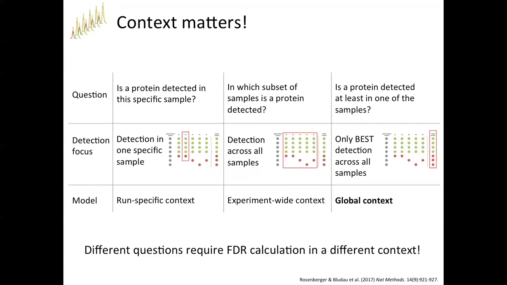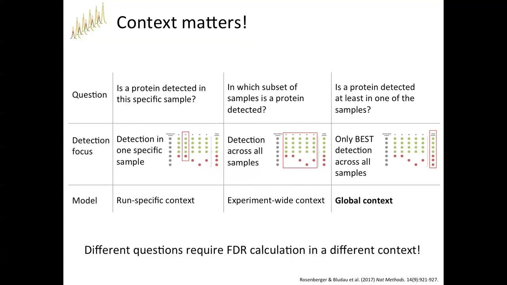But now the question about error accumulation was coming up when aggregating the results across a large data set. So the question we ask is if a protein can be detected at least once in our study. And for this, we have this global context.